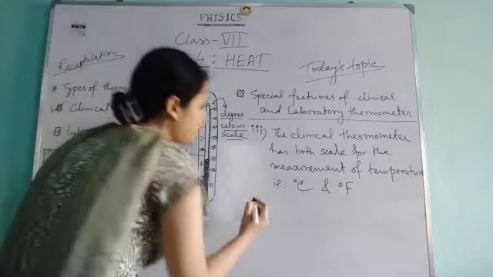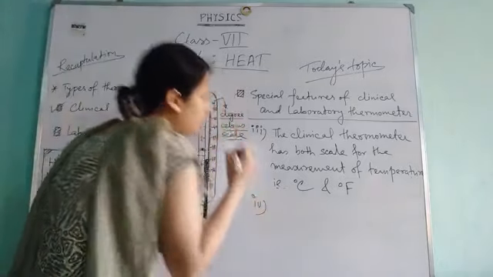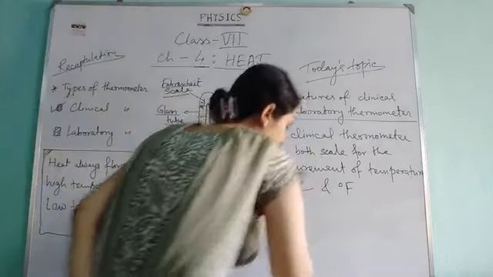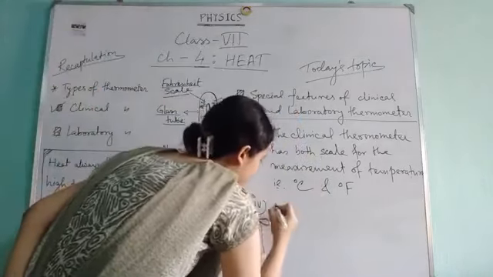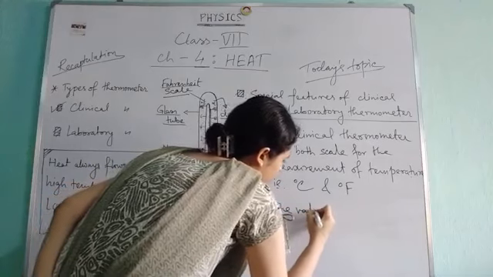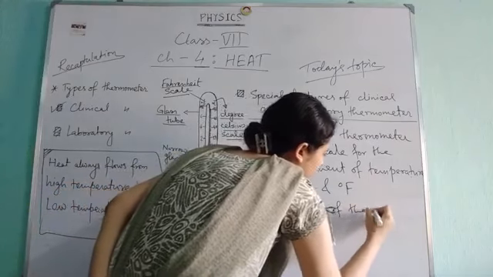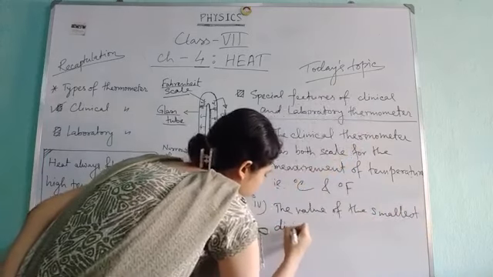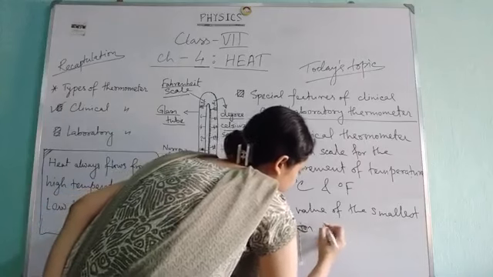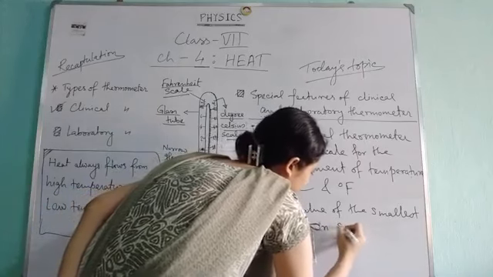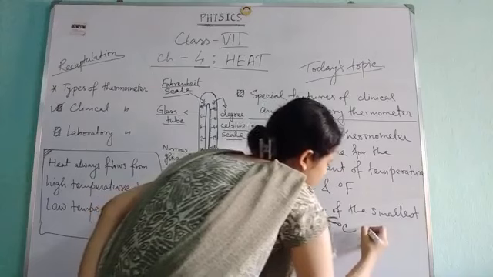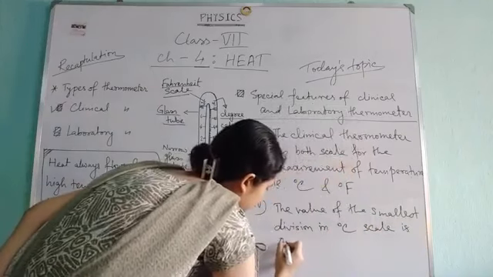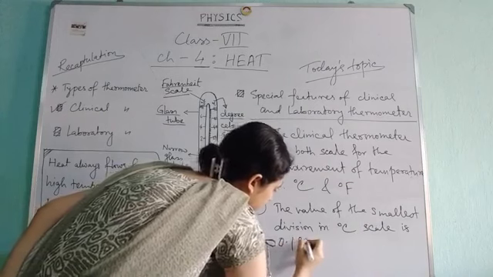So, each small marking will be the fourth special feature: the value of the smallest division in the degree Celsius scale is 0.1 degree.